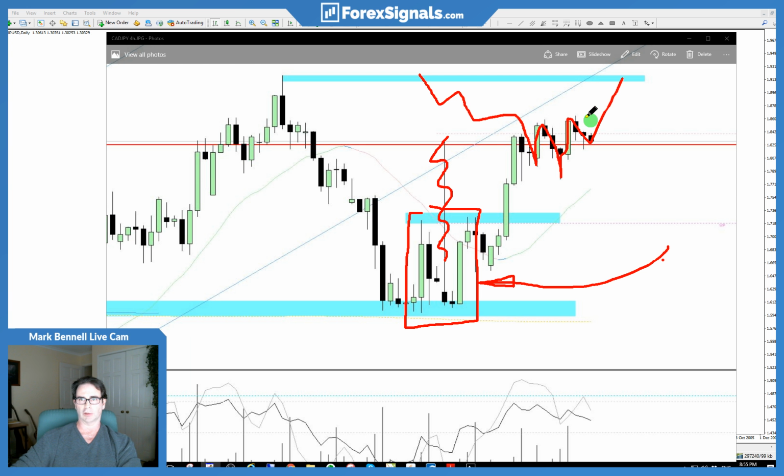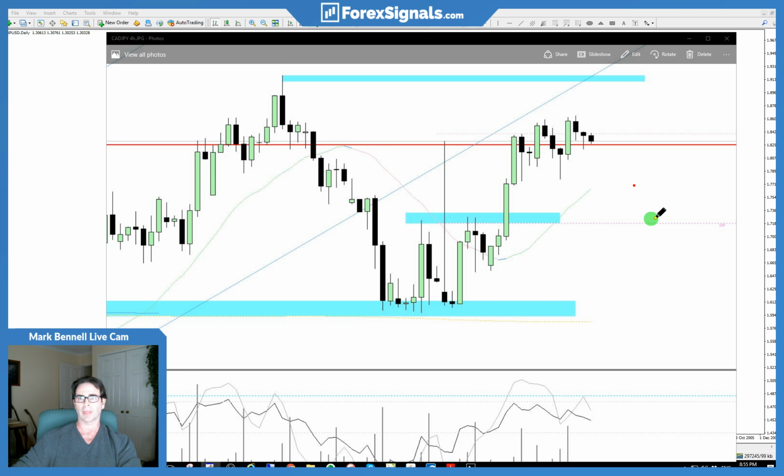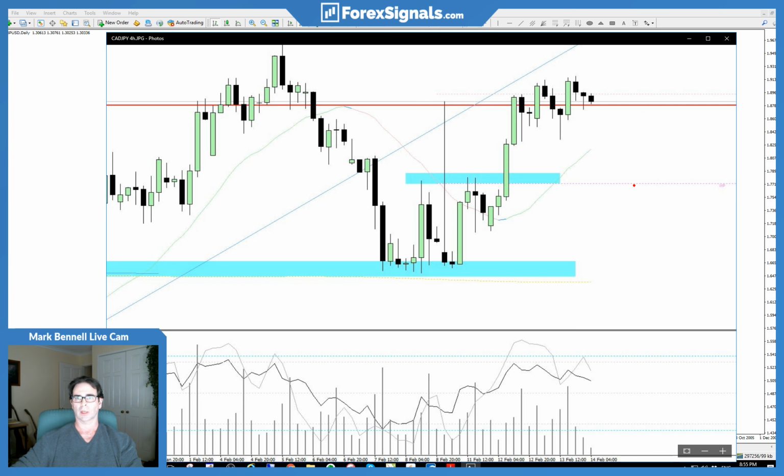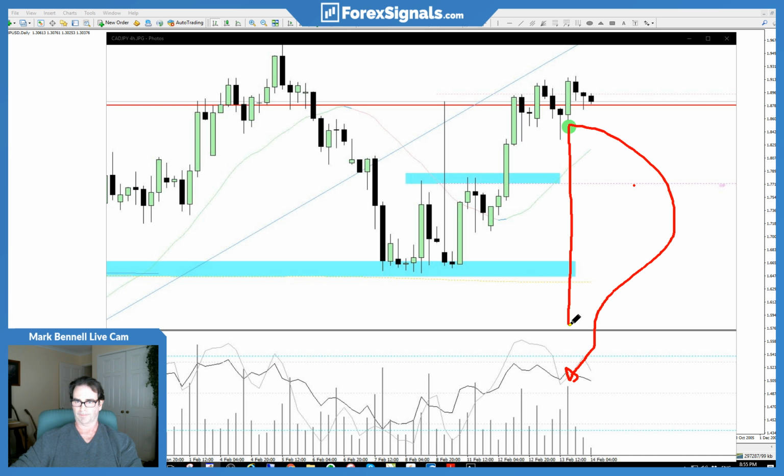Okay, very good. Trader Travel said CAD Swiss didn't go much further. I think we spoke about this. This is a few days old. But let's have a look at the volume. Big green.